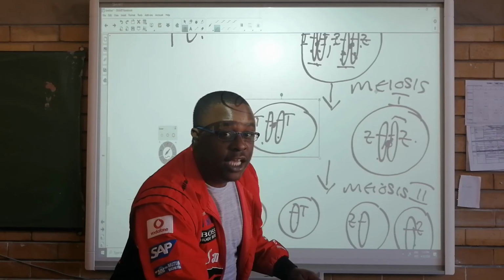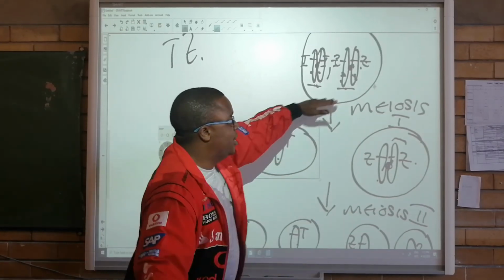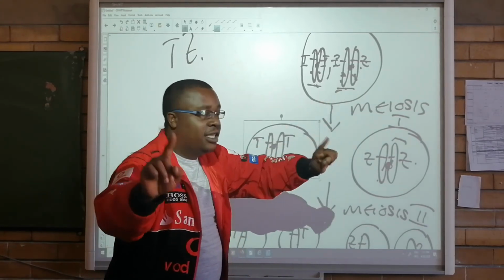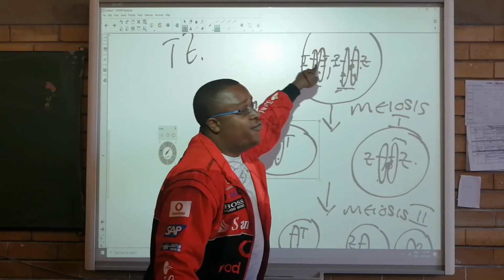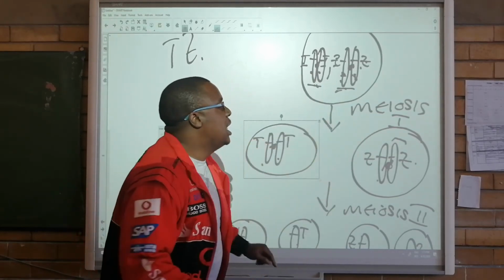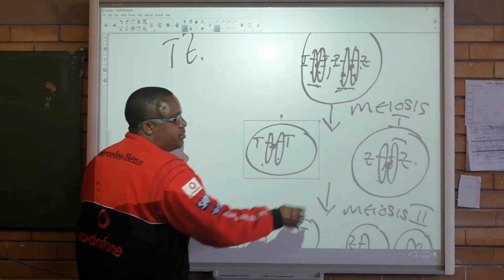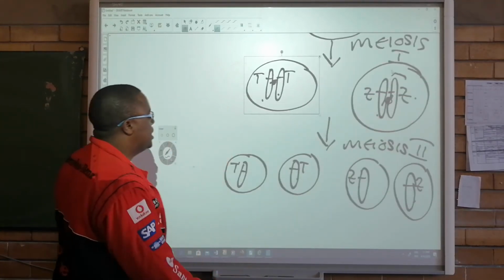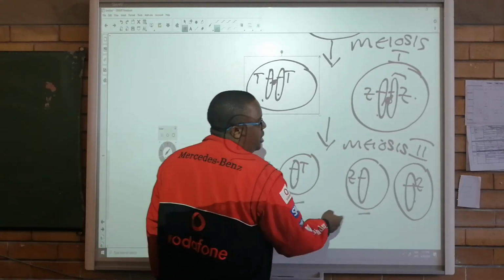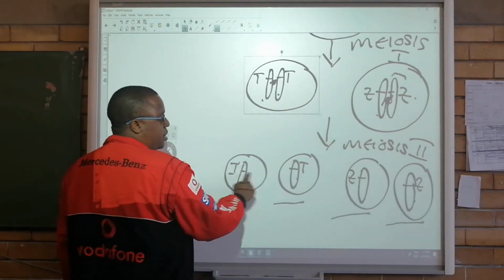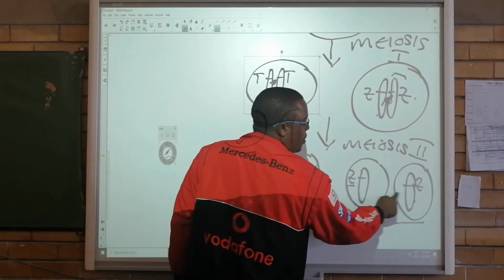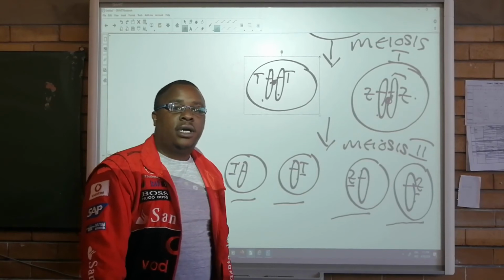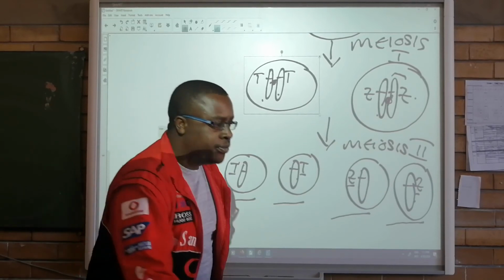Meiosis, the homologous chromosome pairs that are carrying the alleles for a specific trait will separate, and as they separate, the result is that each gamete only carries one of an allele pair. I hope you got that.